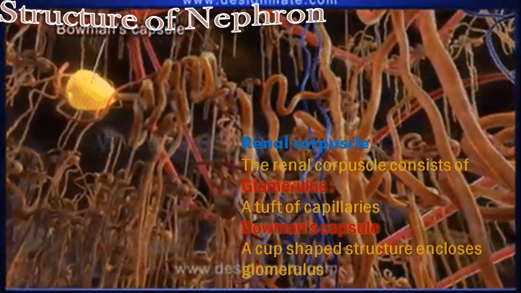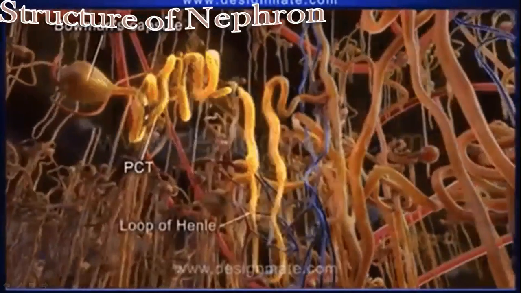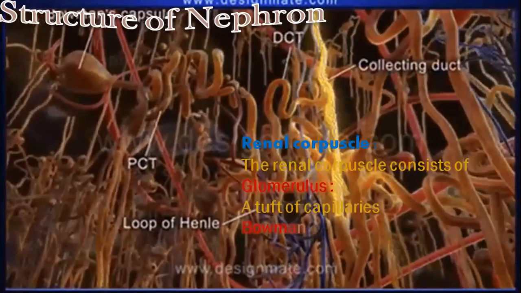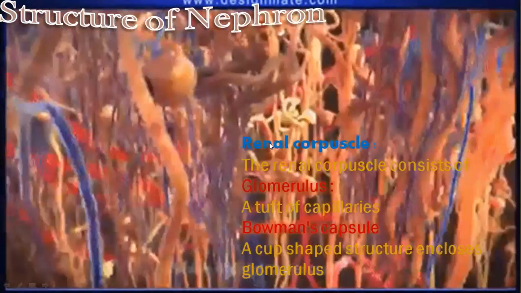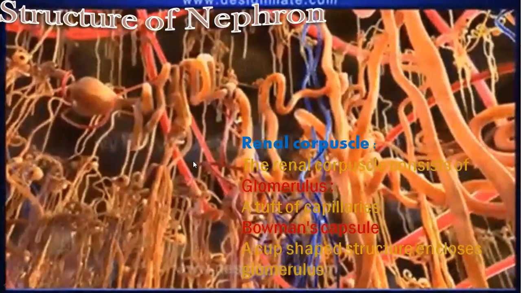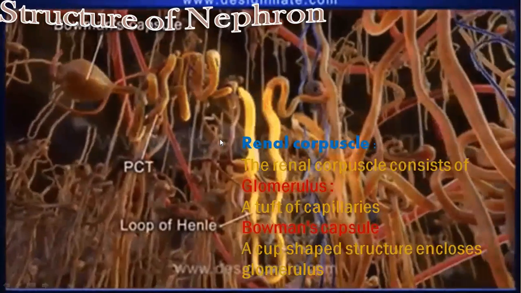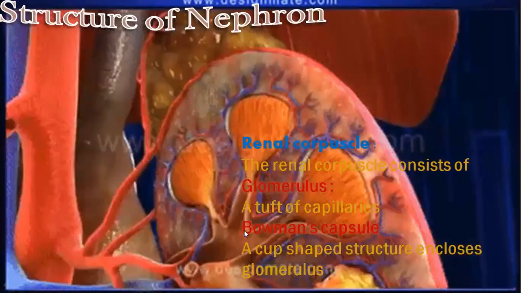The renal corpuscle consists of glomerulus and Bowman's capsule. Right now, we'll see the renal corpuscle. The renal corpuscle is actually a rounded structure and it consists of two parts, glomerulus and Bowman's capsule.